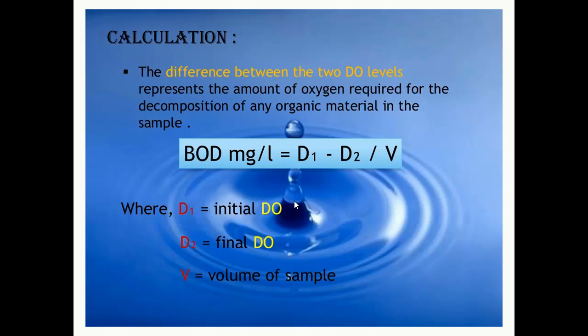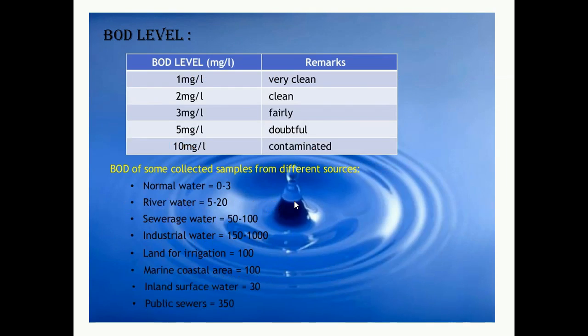Calculation: the difference between the 2 DO levels represents the amount of oxygen required for the decomposition of any organic material in the sample. The equation is BOD mg per liter equals D1 minus D2 divided by V. D1 is the initial DO, D2 is the final DO, and V is the volume of water sample used.